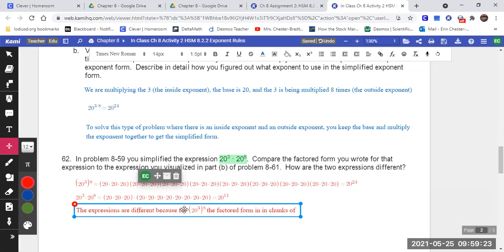Of, okay, chunks of what? Where did the chunks come from? How did they come to be?